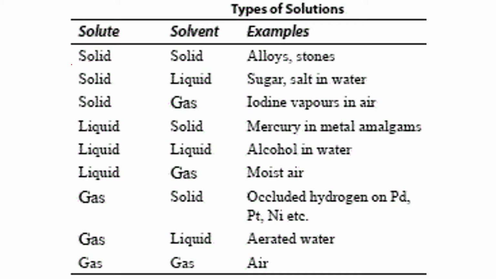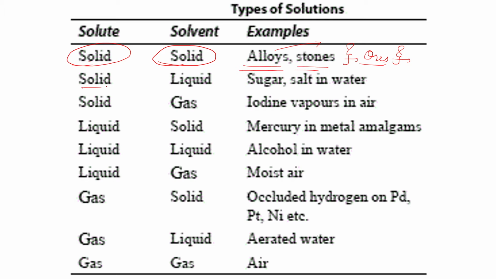For example, if we have a solid solute and a solid solvent, then the solution formed is a solid only, and the examples could be alloys or stones. The ores that we get contain a mixture of different metals, and similarly alloys are a defined combination of different metals.